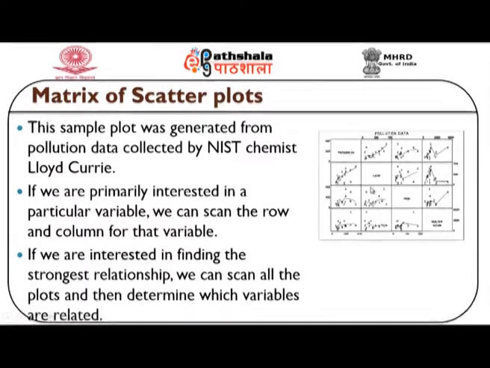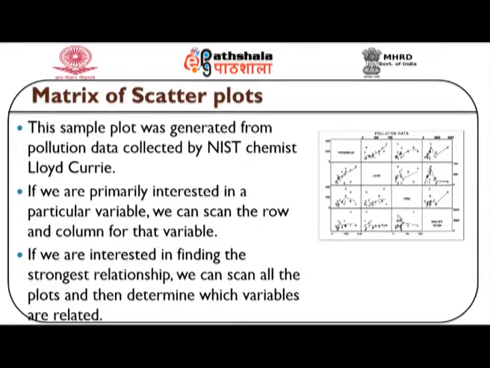If we are really interested in a particular variable, we can scan the row and column for that variable. If you want to know the data with respect to iron, you need to look at the row as well as the column for the iron pollutant. If we are interested in finding the strongest relationship, then we can scan all the plots and determine which variables are related to each other.